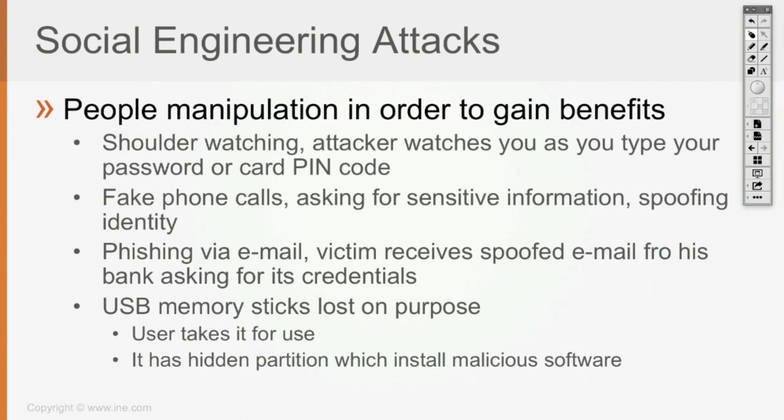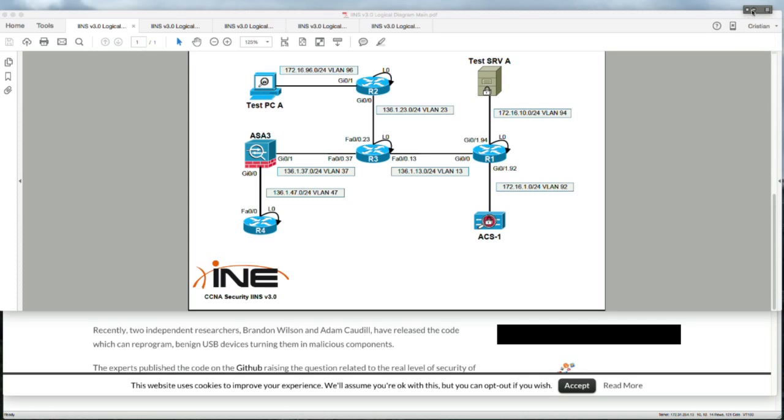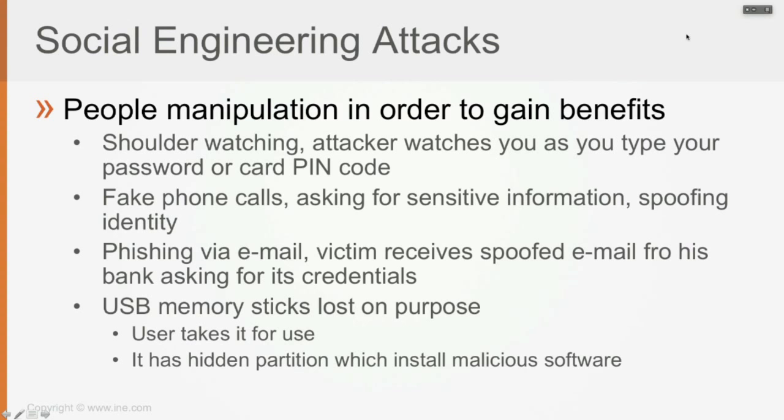So one example could be shoulder watching, when the attacker watches you as you type your password or card pin code. This is actually pretty widely used against users that don't pay attention as they type sensitive data somewhere, like a username, a password, a pin code, a one-time password code.